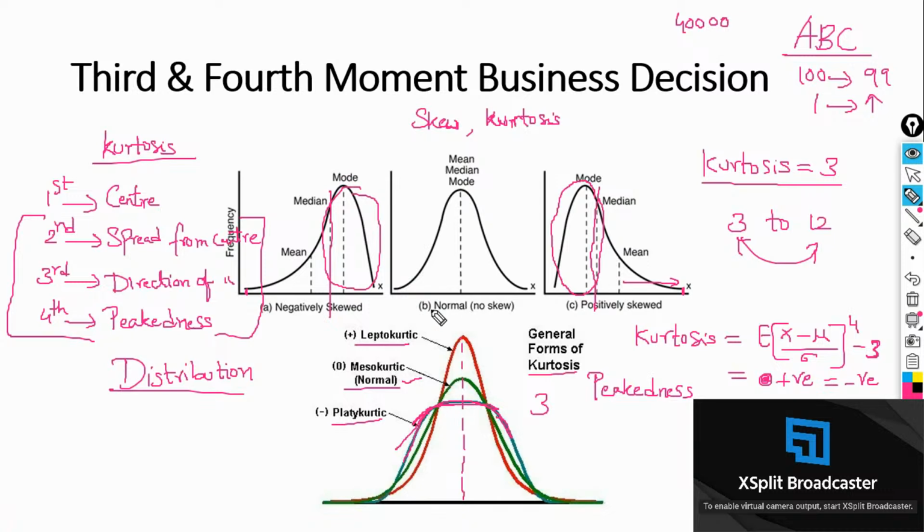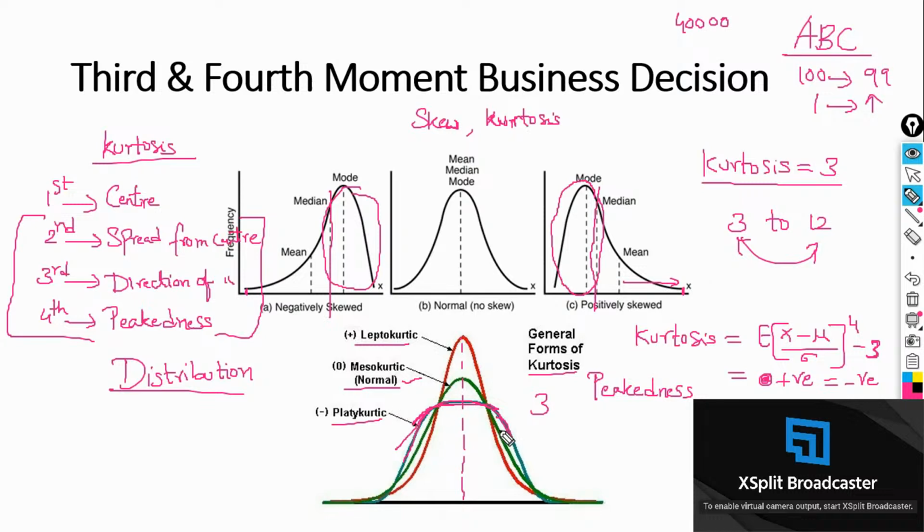Then comes the fourth moment. In your data, is it going to give a sharp peak curve or a wide peak curve? That is measured by the fourth moment, the measure of peakedness. If you get a sharp peak, it is nothing but positive kurtosis; you'll get a positive value for kurtosis.